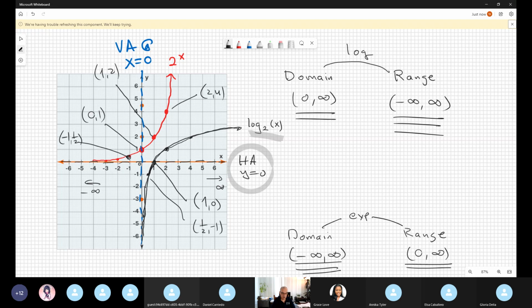Asymptotical means que approach pero never touch. When you project any point onto the x-axis, you see only the projection is the positive part. I don't see logarithm in the negative part. That is the reason que the domain is from 0 to infinity. No include 0. No include 0.